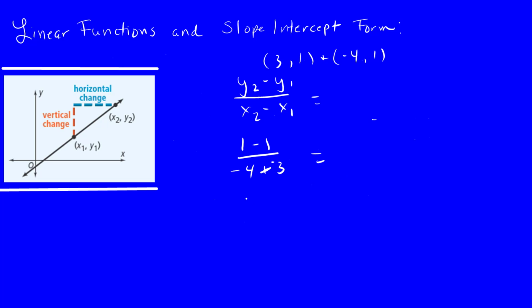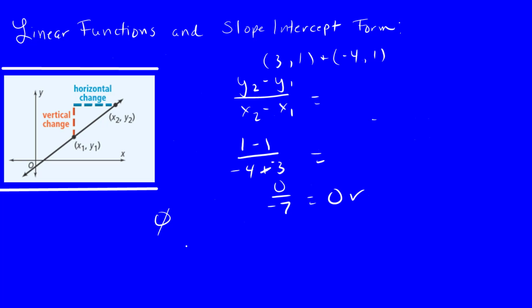All right, so then we've got 0 over -7, which is equal to 0. So the slope of that line is 0 over -7, or 0. What I want you to do is to make sure that the denominator cannot equal 0, at all.